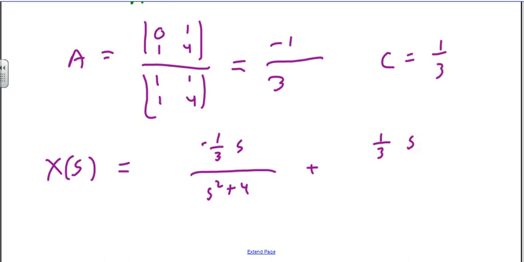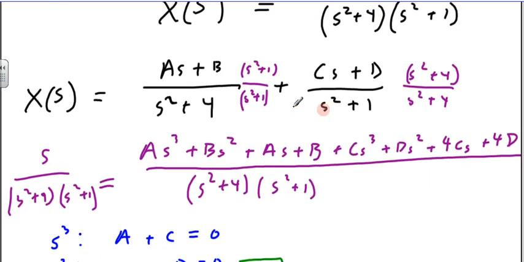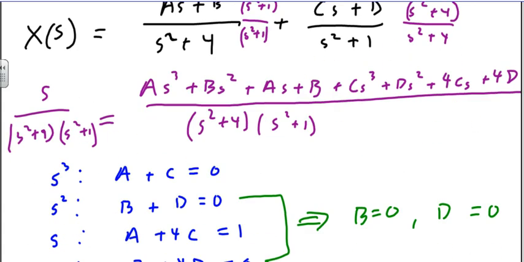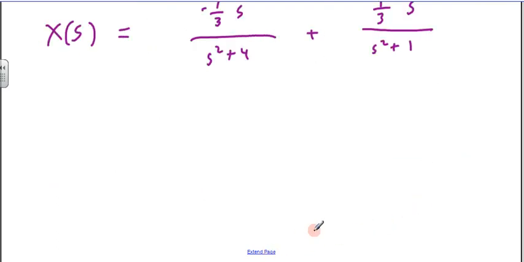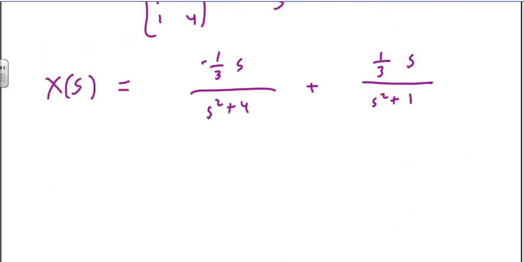Why is there an s there? Well, because the a has an s and the c has an s. So I have to put an s there. Okay, that seems reasonable. And we're going to use number 10 in both cases.